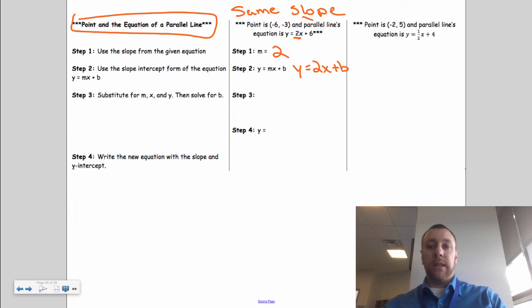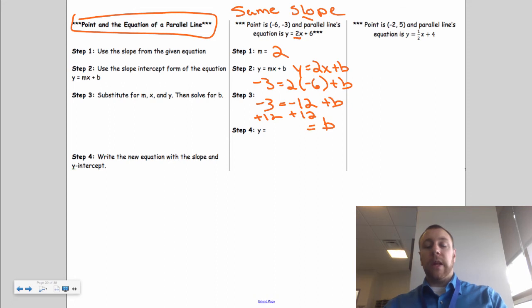So in this case, it's -6 comma 3. So I'm going to do 3 equals 2 times -6 plus b. I now multiply the 2 and the -6 to solve for b. Add 12 on both sides. And I'm left with b equals 9. So now I can write the equation y equals 2x plus 9.